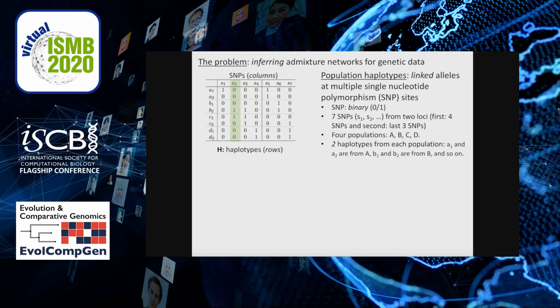There are 7 SNPs and 8 haplotypes in total. These haplotypes are from 4 populations, A, B, C, D, so each population has 2 haplotypes. A has A1, A2, and so on. I break the haplotypes into 2 loci. The first locus has 4 SNPs, and the second locus has 3 SNPs.